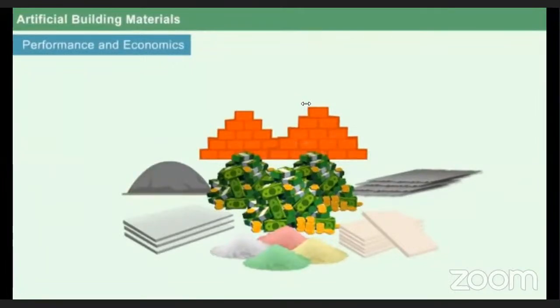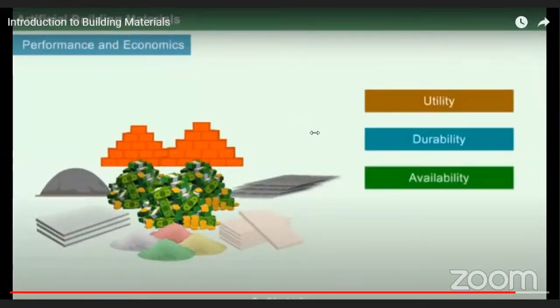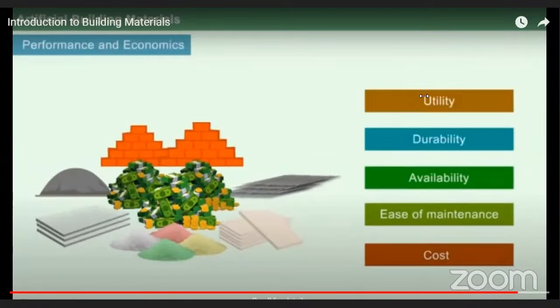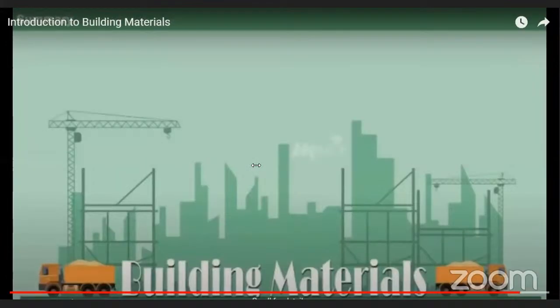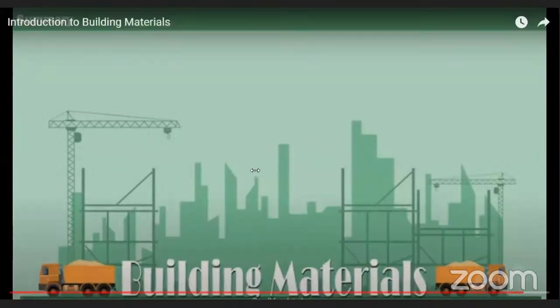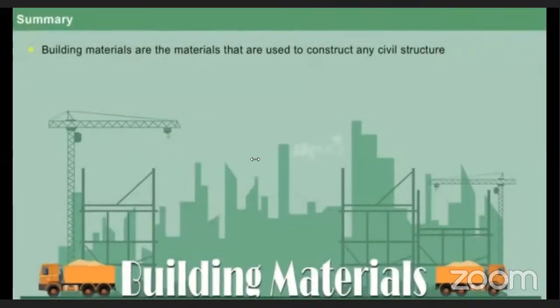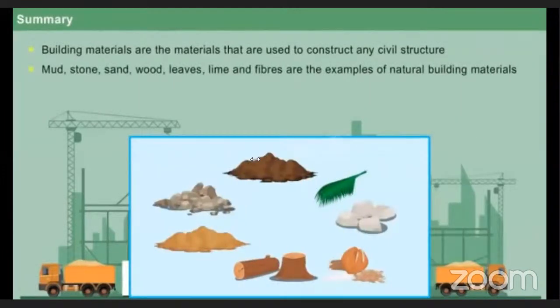Some of the factors to be considered while selecting building materials are utility, durability, availability, ease of maintenance, and cost. Summary. This brings us to the end of the lesson. Let us do a recap of what we have learned. Building materials are the materials used to construct any civil structure.